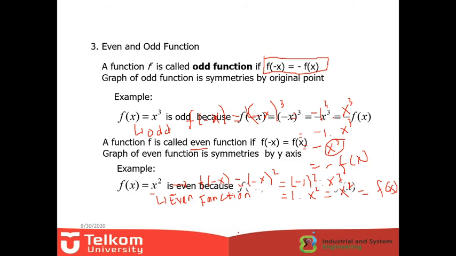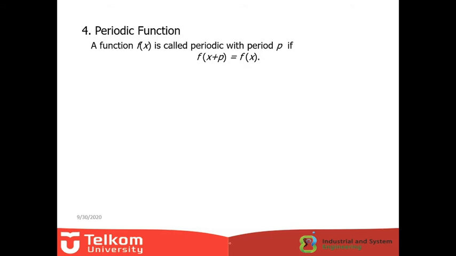This is regarding odd and even function. Next is what we call the periodic function. What is the meaning of the periodic function? The function f of x is called periodic if this condition holds: f of x plus p equals f of x.